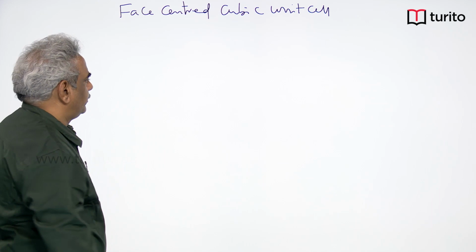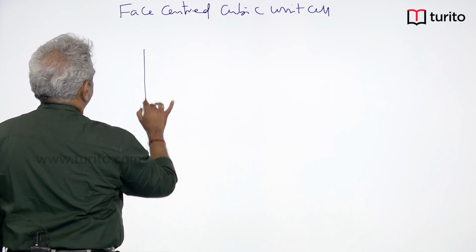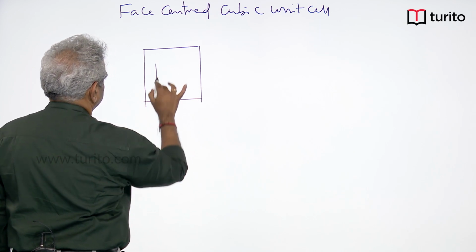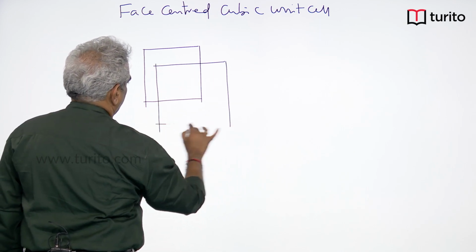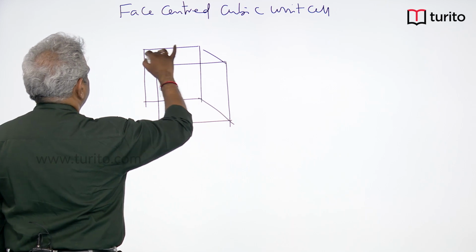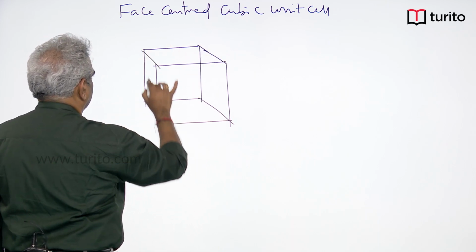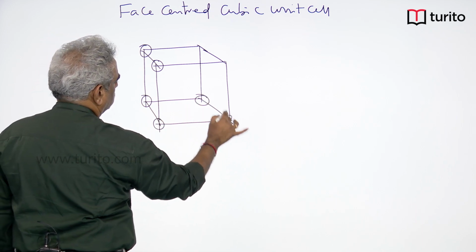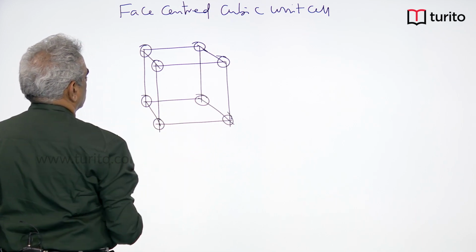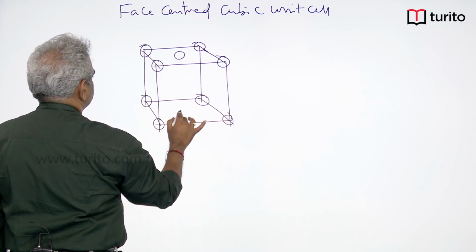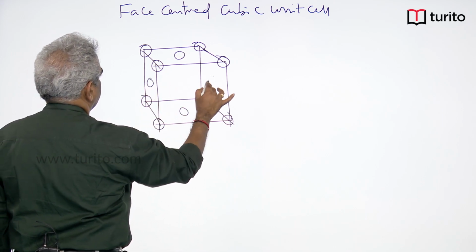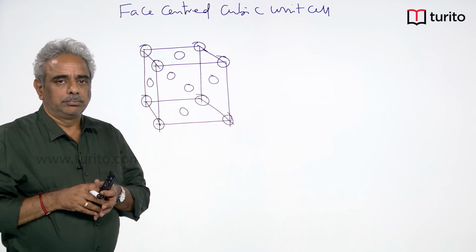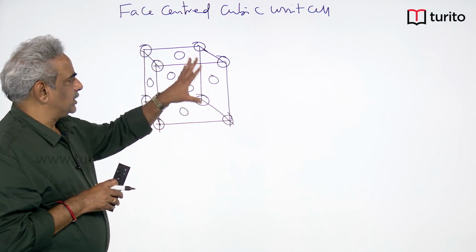Unit cell. Again let me tell you, this is a blown up model. You have got all the corners occupied, top face, bottom face, left face, right face, back face, front face. This is the unit cell.